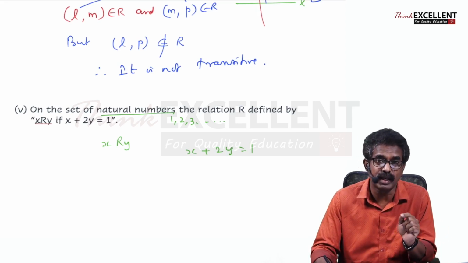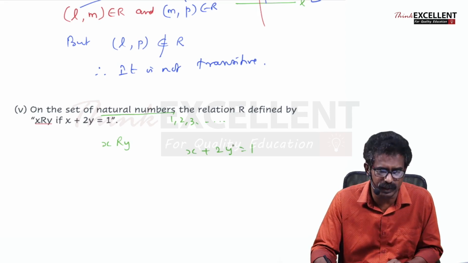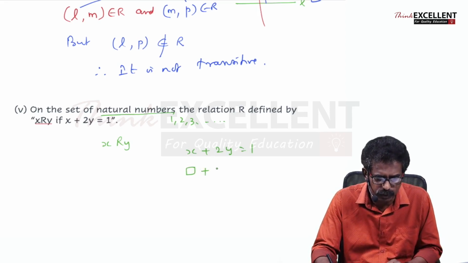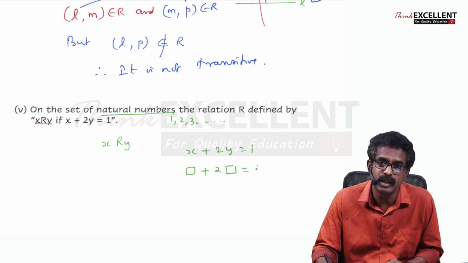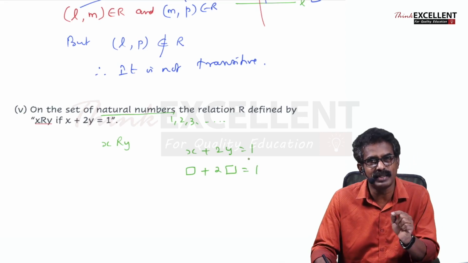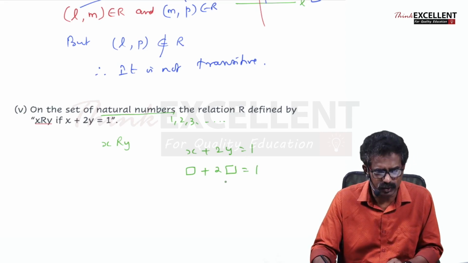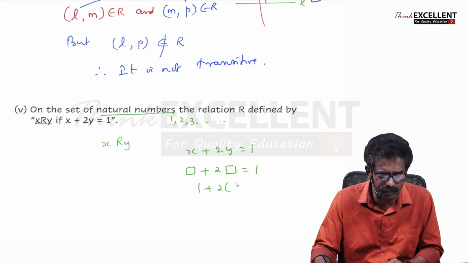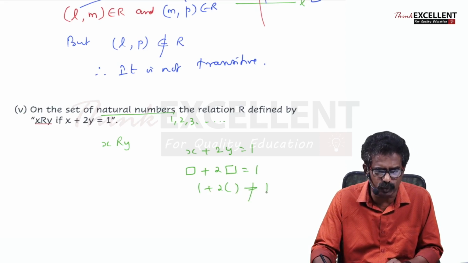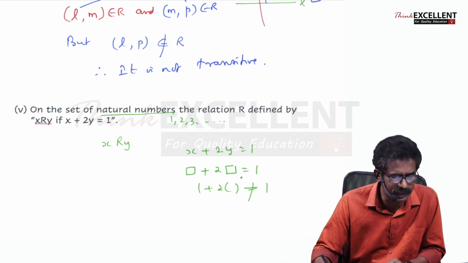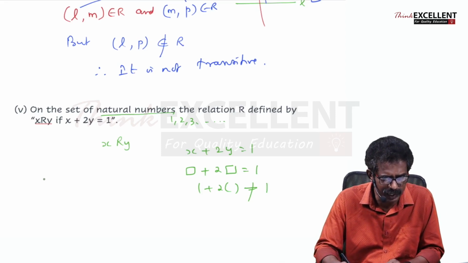A natural number plus 2 times another natural number, will you get 1? Smallest natural number itself is 1, right? So 1 plus 2 into some natural number, you won't get 1. So you are not going to get any element here. So it is only an empty set.